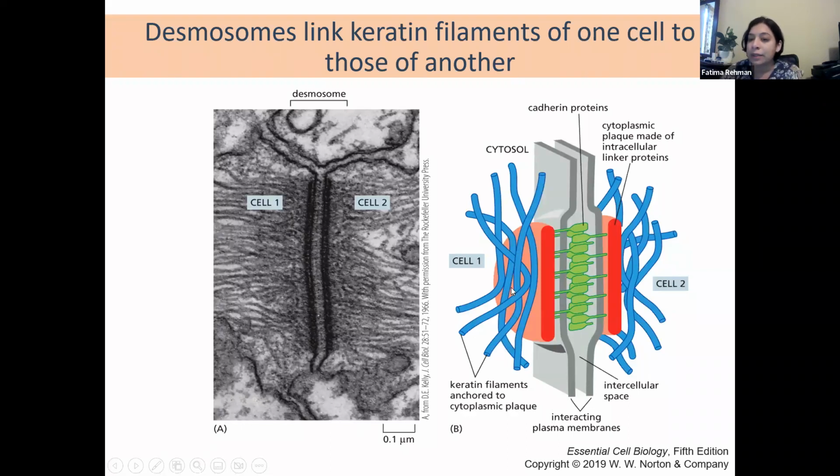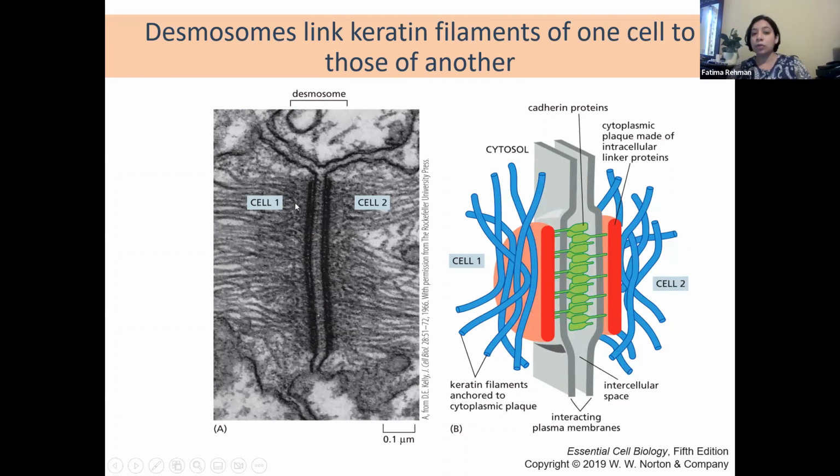This plaque-like structure is in turn bound to many keratin filaments. They're anchored to it. So that's how they're going to be connected. It's not a direct binding between the keratin and the adherent proteins, but it is through the presence of those intracellular linker proteins making that cytoplasmic plaque.